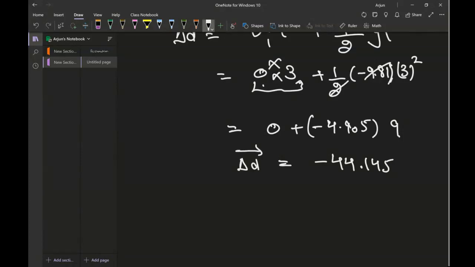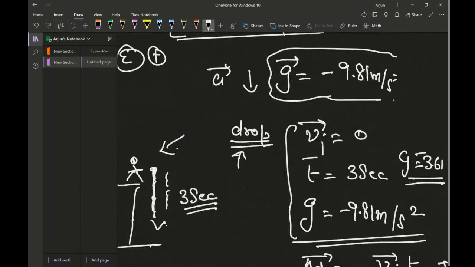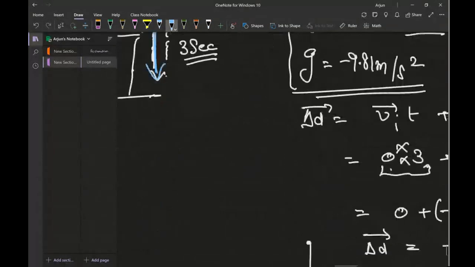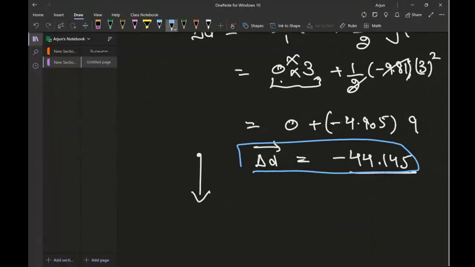That is delta D. Negative means the object is moving in the downward direction, and that's what's going on in the question. The object is thrown from a cliff and it is moving downward. So that is the displacement you calculate.